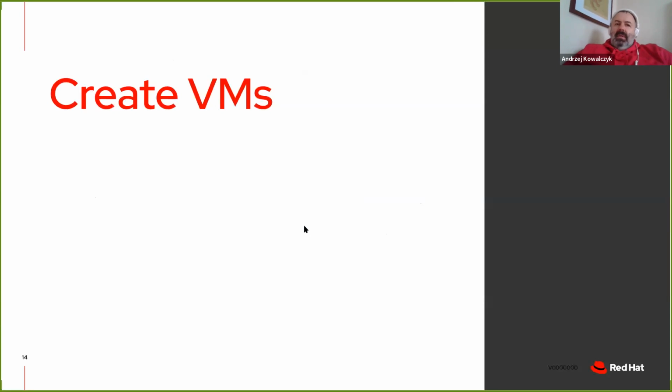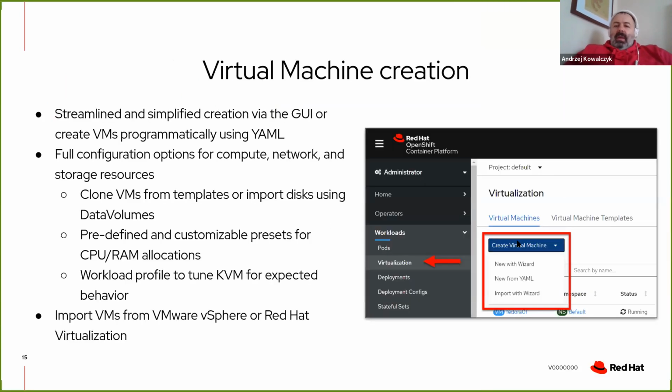So let's imagine that you want to create a new VM. You can start from here, create virtual machine, right? You can start with the wizard, or you can use a YAML file. The wizard will guide you by hand, step by step, to create a new virtual machine. You don't need to start from scratch.